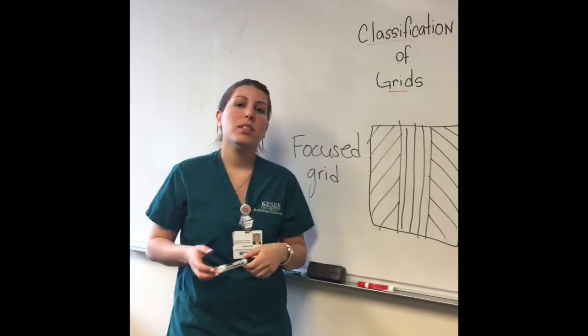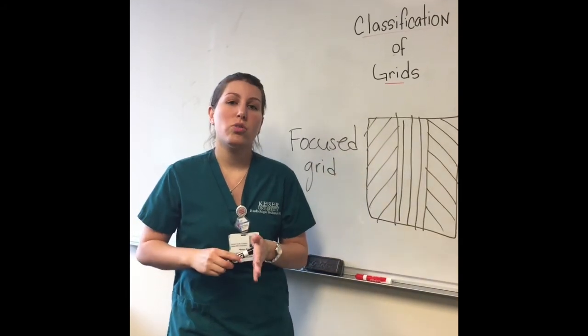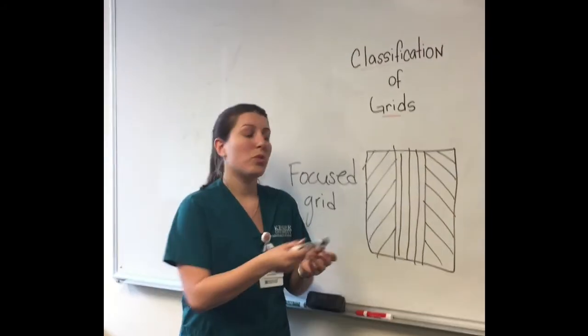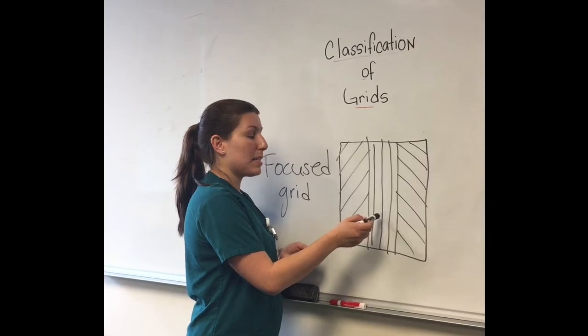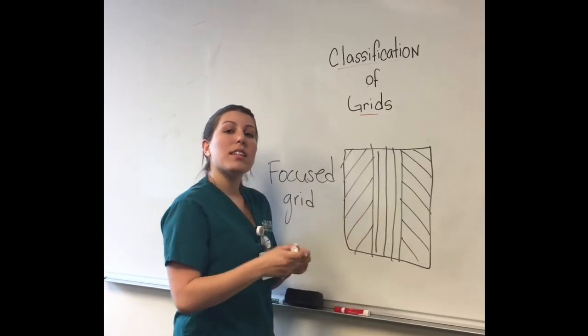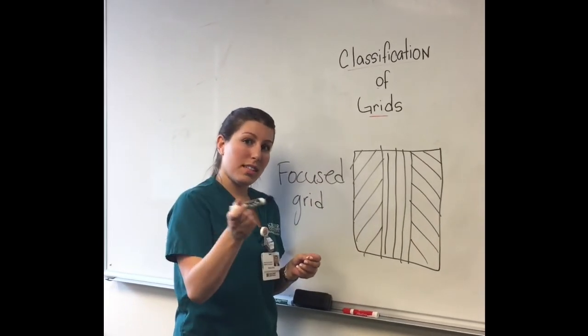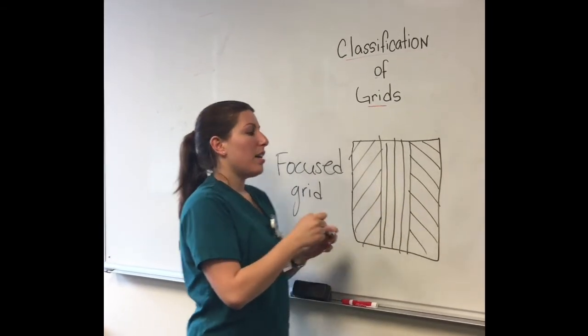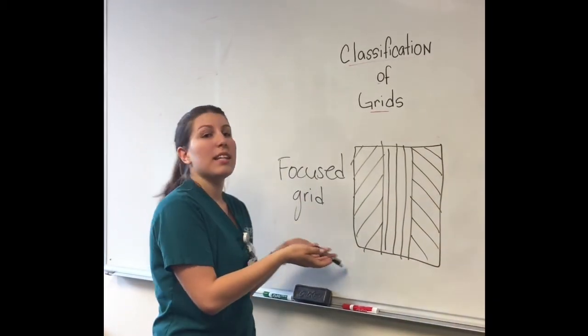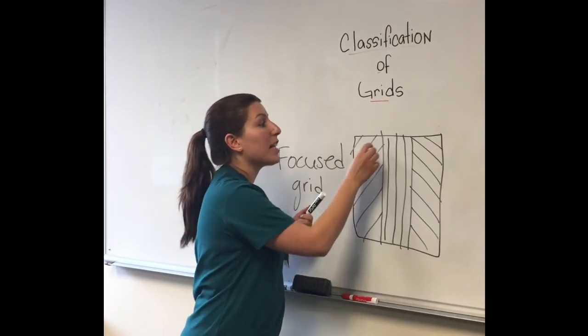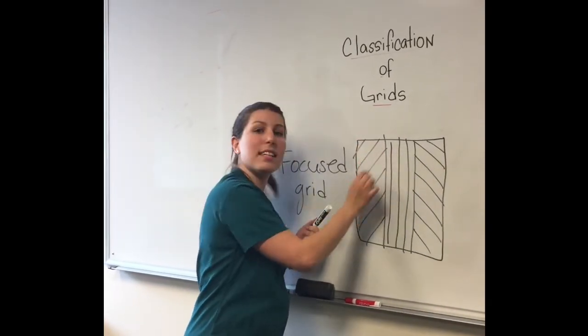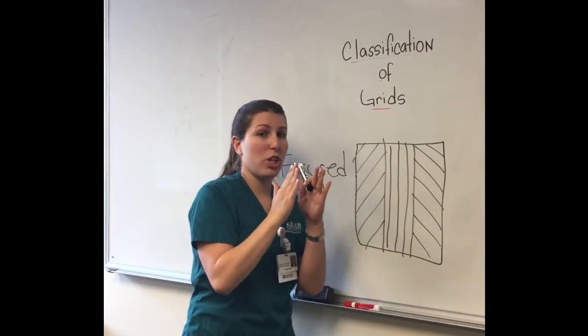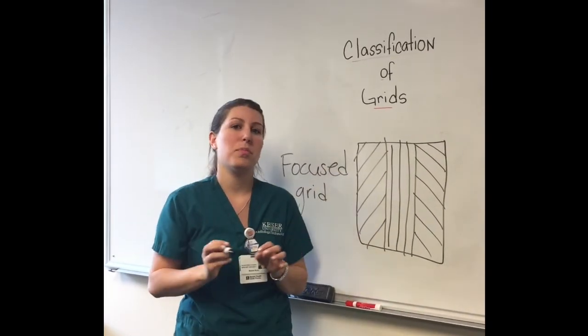The reason why they built it this way is because the X-ray beam diverges. The reason why the middle is parallel is because the central ray is going to hit right perpendicular to it. I'm exaggerating this drawing. It's going to be a lot smaller, and the slanted and parallel lines are going to be very close to each other, but I'm just exaggerating it for the purpose of this video.